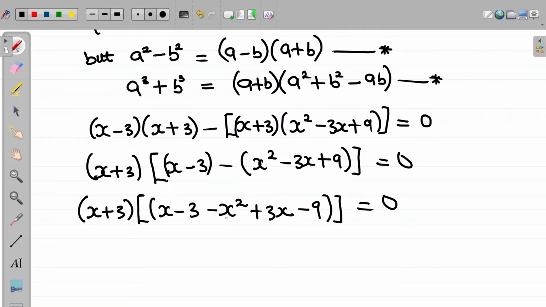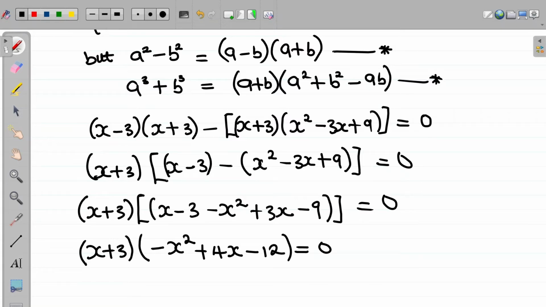At this point, we can simplify the expression inside our bracket. So we have that our equation becomes x plus 3, all enclosed in a bracket, minus x squared plus x plus 3x is giving us plus 4x minus 12, equal to 0.